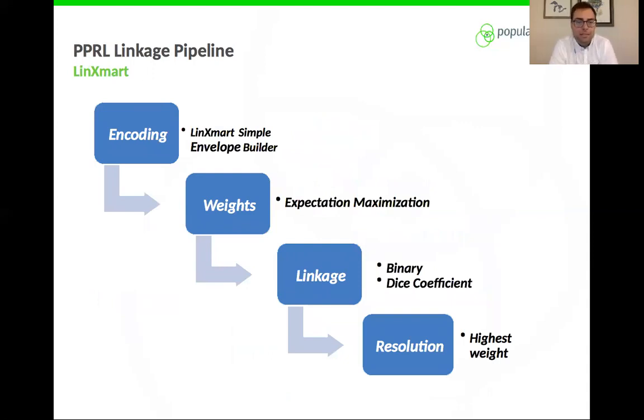The LinkSmart PPRL linkage pipeline: the first step is encoding the data using the LinkSmart envelope builder. String fields like names are converted into Bloom filters. Other fields are just hashed, a simple hash for binary comparison. This is a probabilistic linkage, so field weights are determined using the expectation maximization algorithm.